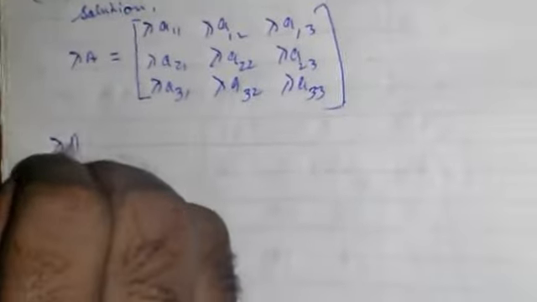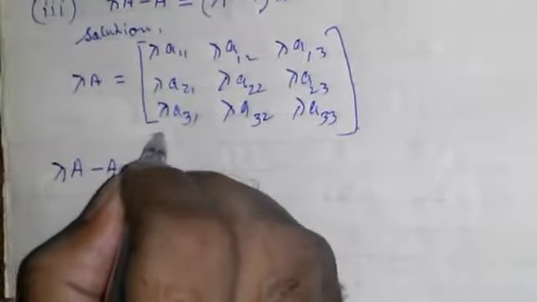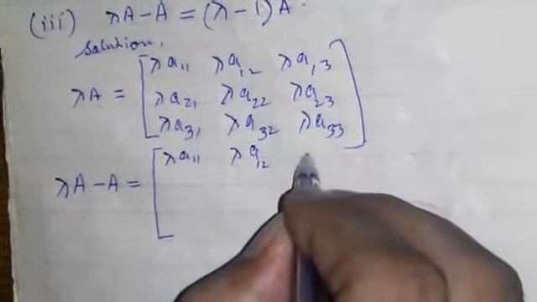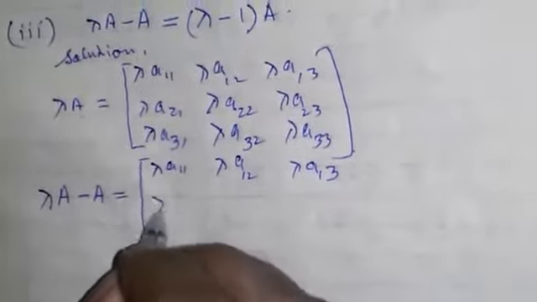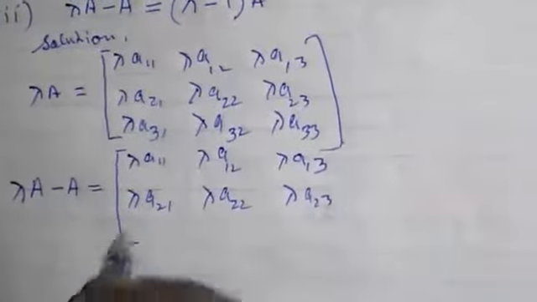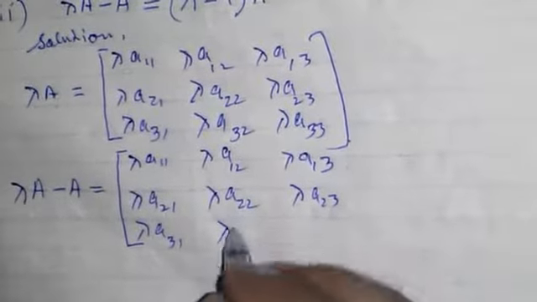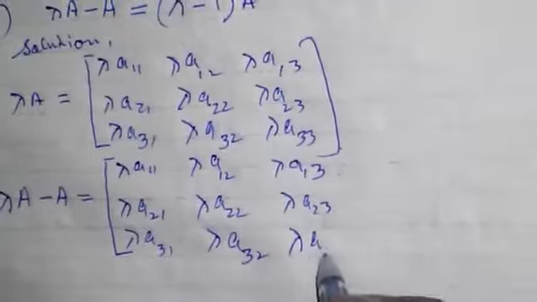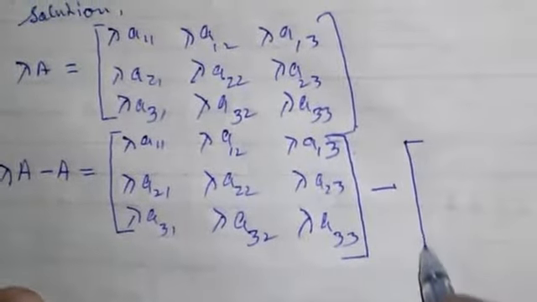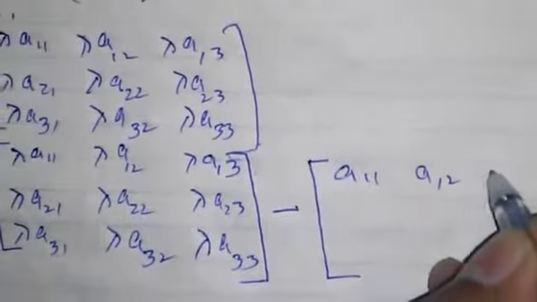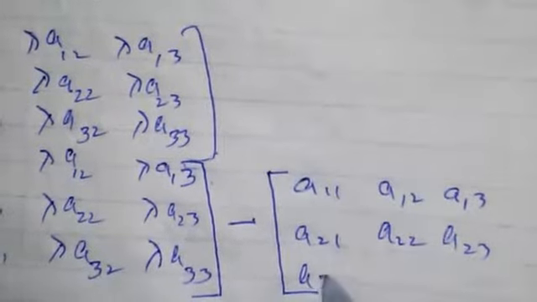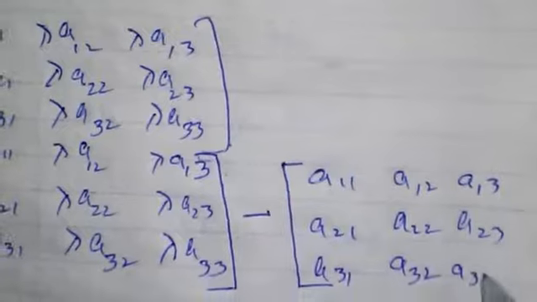Now lambda A minus A is given as the matrix lambda A11, lambda A12, lambda A13, lambda A21, lambda A22, lambda A23, lambda A31, lambda A32 and lambda A33, minus the matrix A with entries A11, A12, A13, A21, A22, A23, A31, A32 and A33.